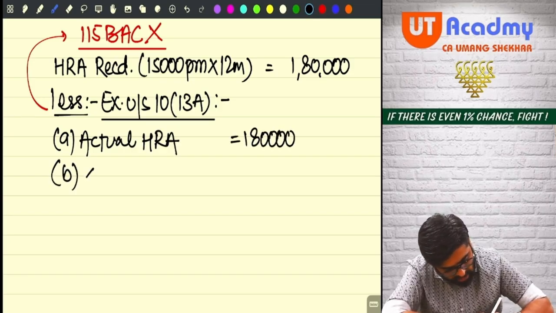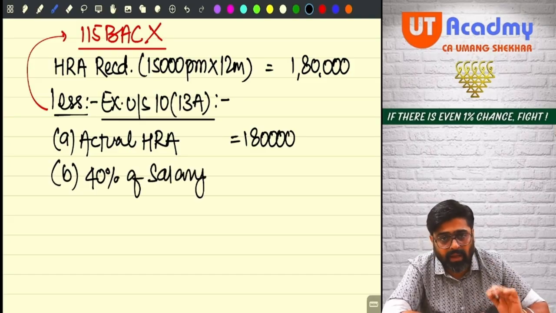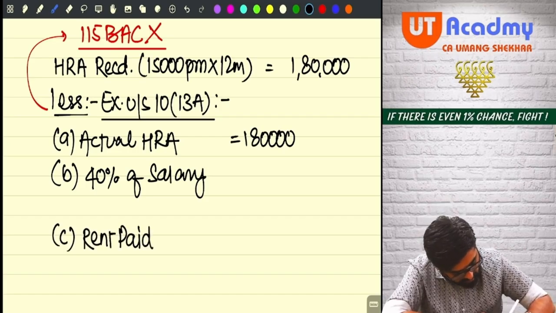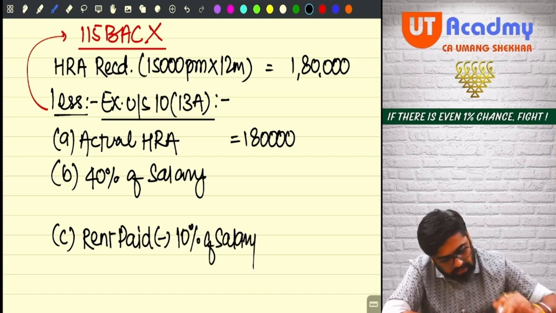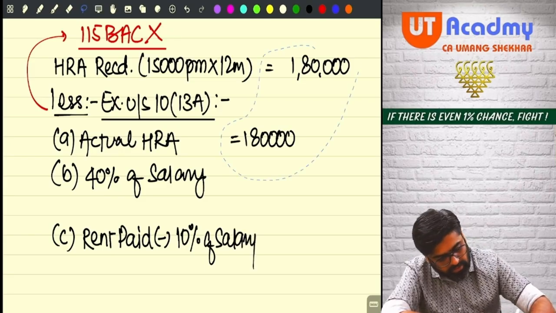B: I will do 40% of salary. But for this, I will keep one line blank because I am yet to calculate salary. C: rent paid minus 10% of salary. Again, I will keep one line blank because I am yet to calculate salary.